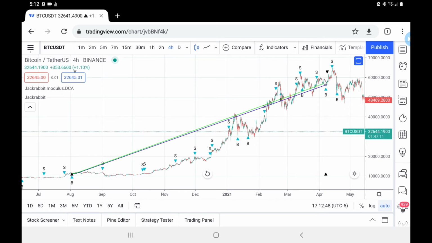Now, the fact that this went from 10,000 to 60,000 is a 600% return. But look at the duration it took. So not every coin is going to be a winner, or it'll be a winner at a price.